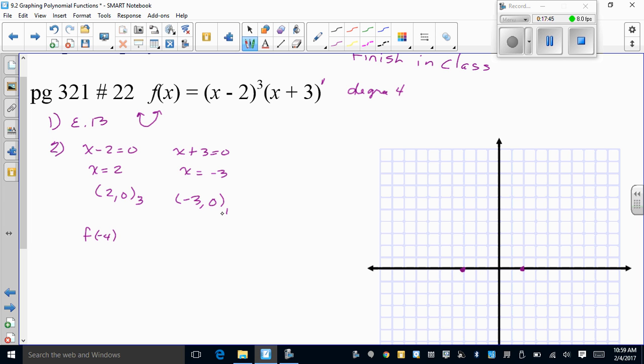F of negative 4, we already know negative 3. F of negative 2. F at negative 1. F at 0, our y-intercept. F at 1. We already know at 2 it's 0, and then f of 3.